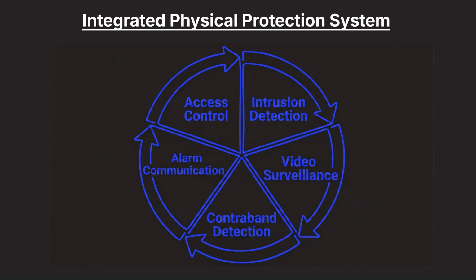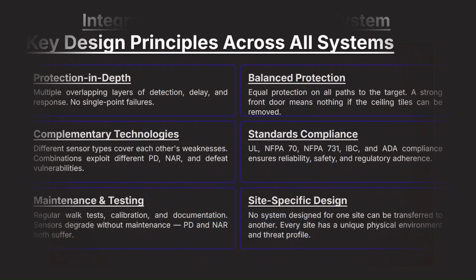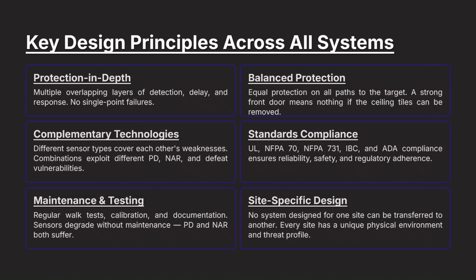For example, an intrusion alarm can trigger video verification, while access control events can be monitored through surveillance systems. This layered and interconnected approach enhances detection, improves response time, and reduces vulnerabilities, creating a more resilient and robust security posture.